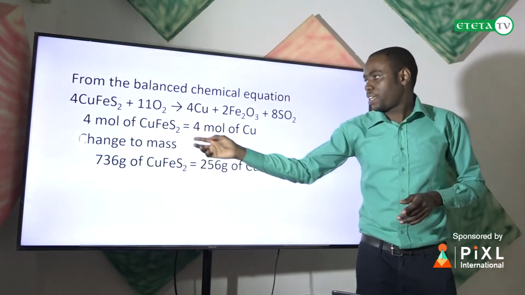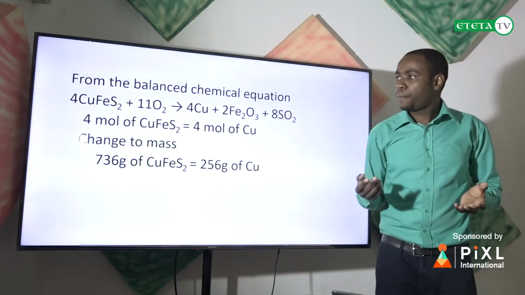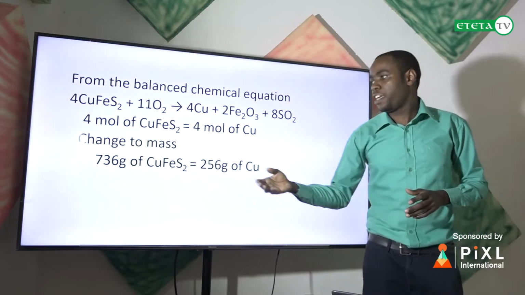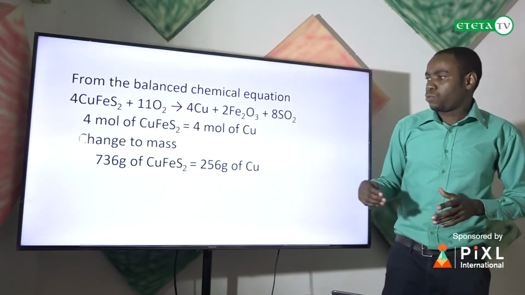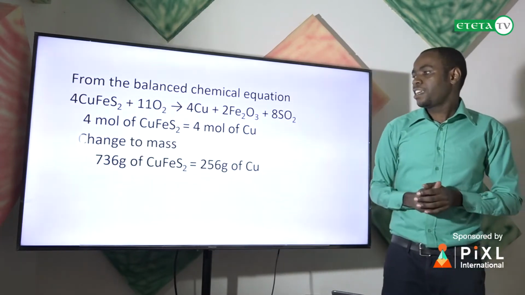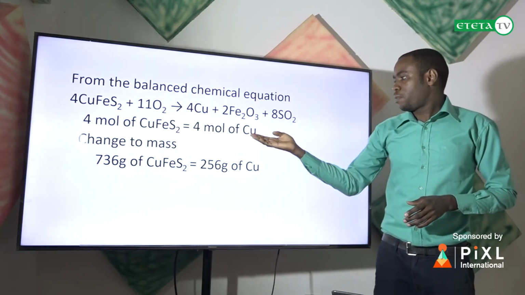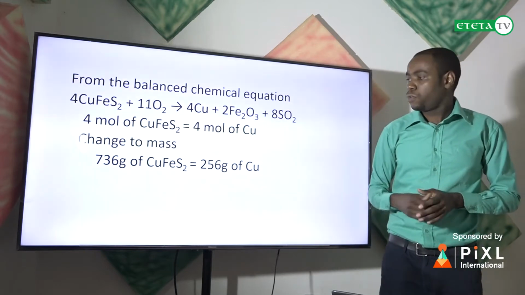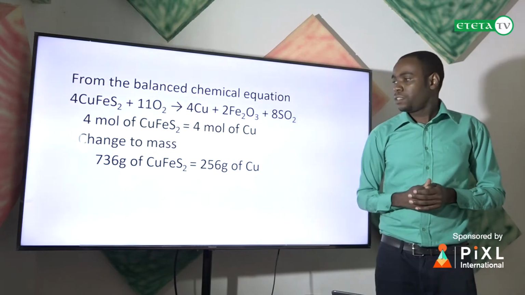So you take the relative atomic mass, you sum up, then after summing up, you multiply by 4, then you obtain the mass which you want to calculate, which is equal to 736 grams. The same to copper: the relative atomic mass of copper, you multiply by 4, you obtain 256 grams.